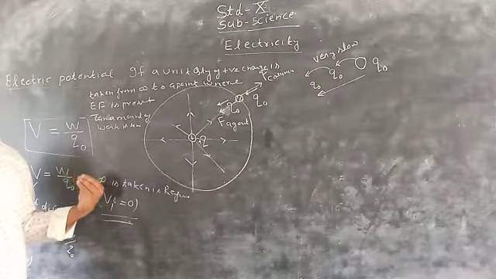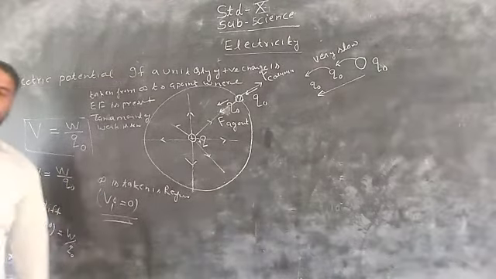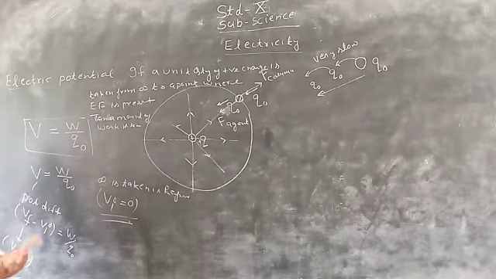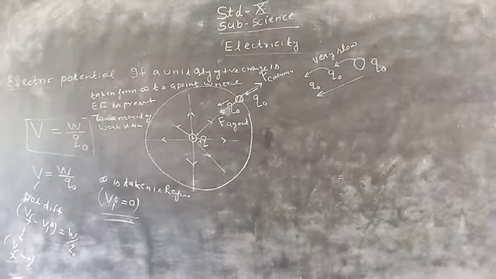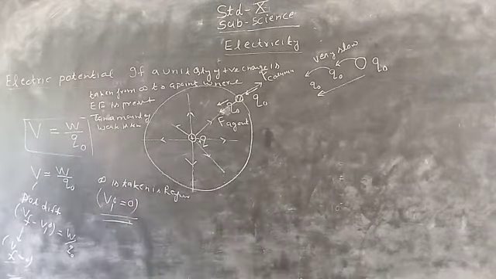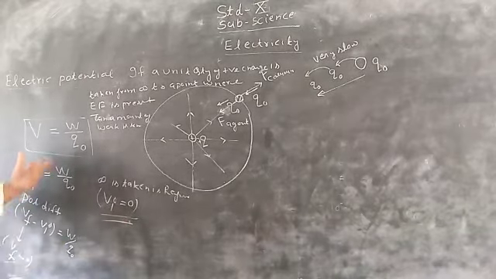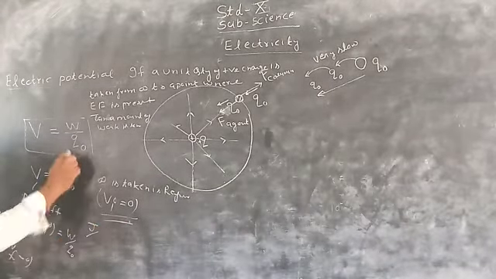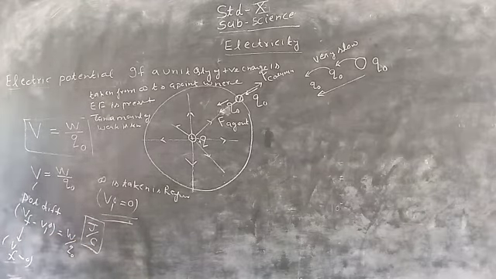Infinity is taken as the reference level and the potential is assumed to be 0, because the potential at another point is defined relative to it. If we do not take a reference, then the potential cannot be defined. So this is the basic concept. What is the unit? The unit is joule per coulomb. The SI unit we have to remember.